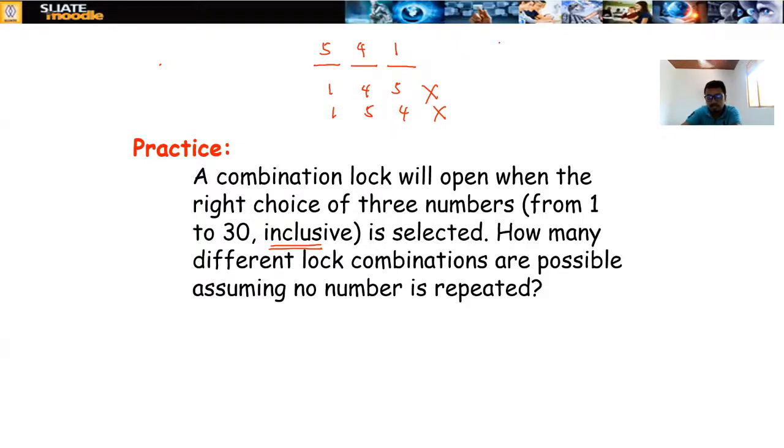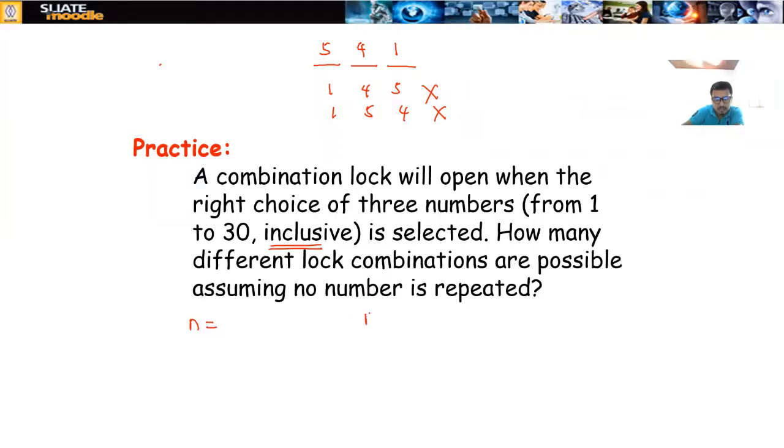If order matters, is it about selecting or arranging? Coming back to the beginning, when we are arranging the stuff, we need to consider the order. Arranging means permutations. So this is about permutations.